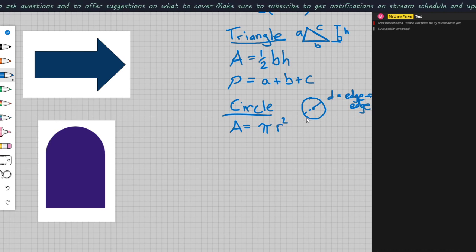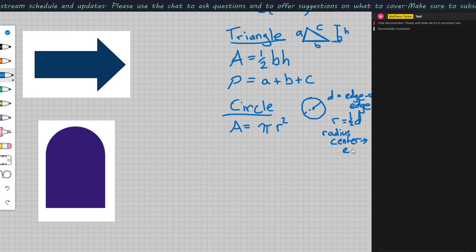Make sure it goes through the center, because if it doesn't, then it's not the diameter. And then you have the radius, which is half your diameter. If you double your radius, you'll get your diameter as well. That goes from center to edge.